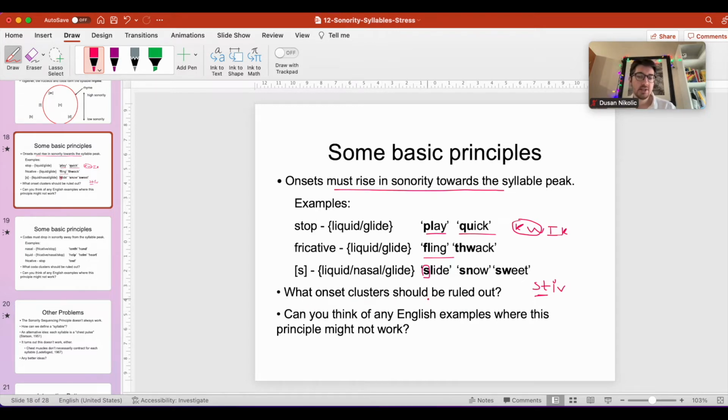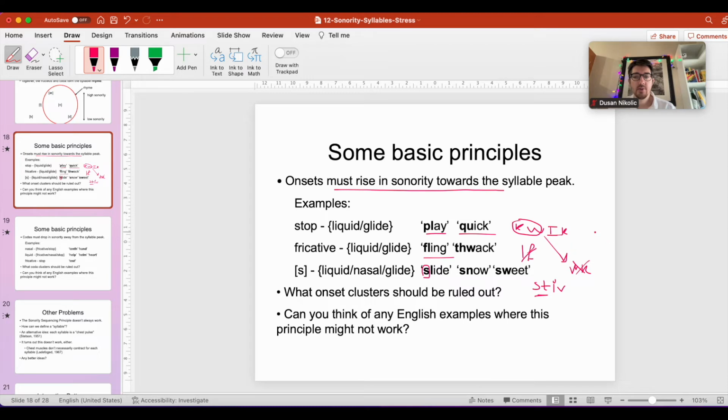What onset clusters should be ruled out? Well, as an easy example, we may switch these, for example, with quick, we cannot say that, or maybe lefing, no, not really.